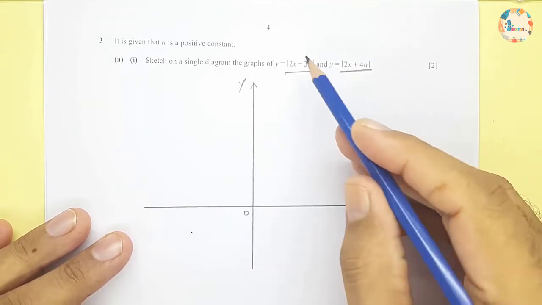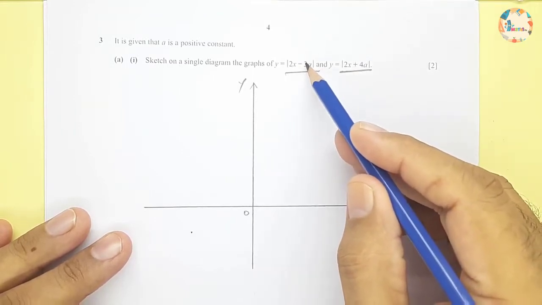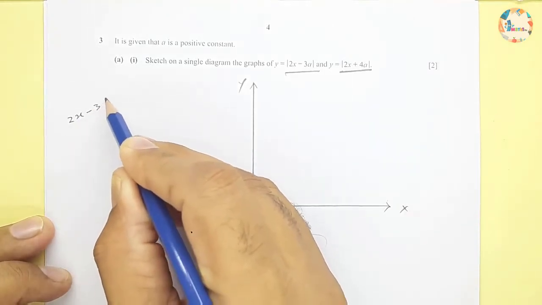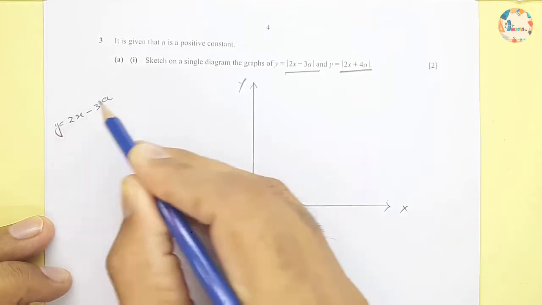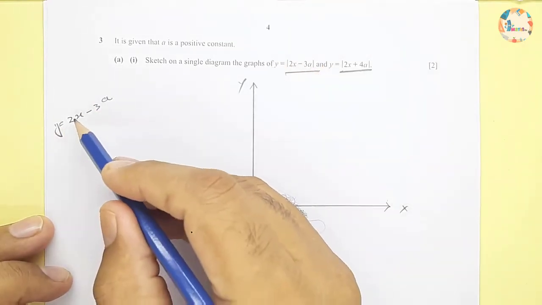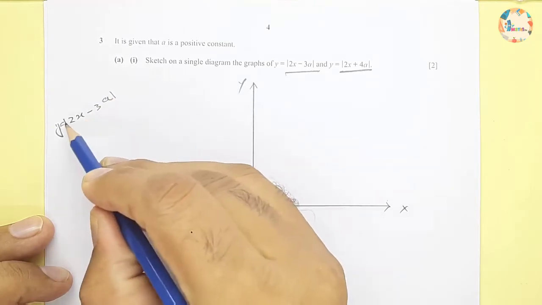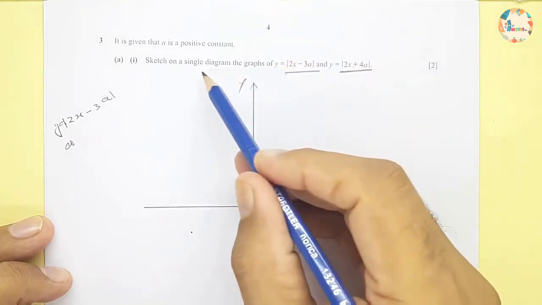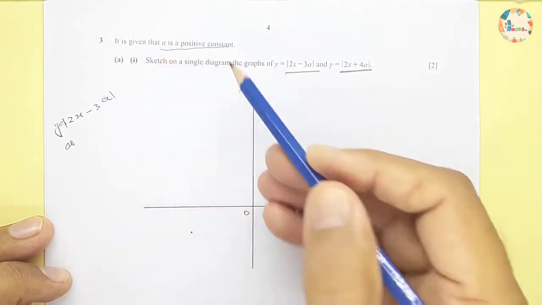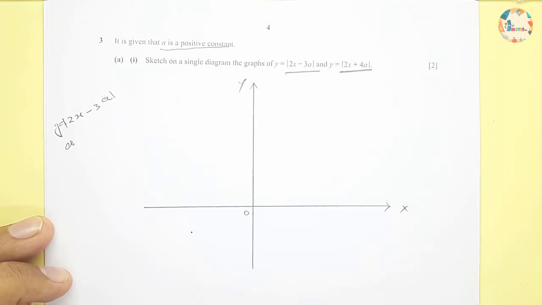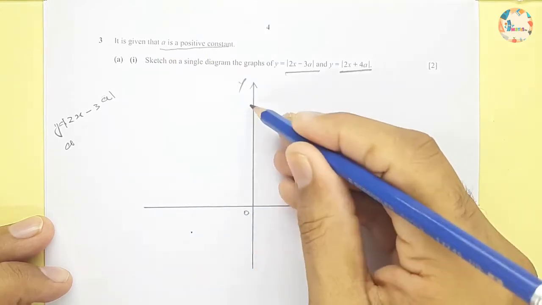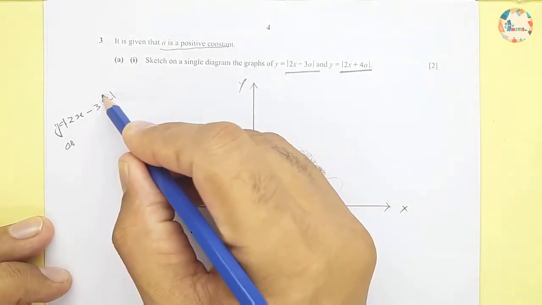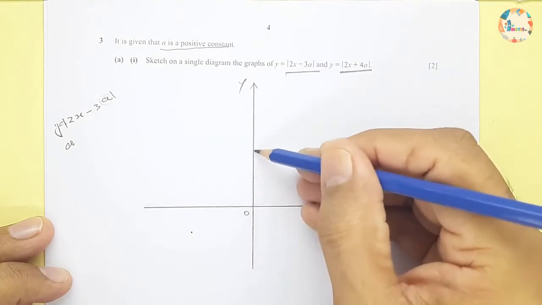For this, we take y equals 2x minus 3a. This is the equation I have taken. In this mod, a is any positive value, as they are saying. We can take any value, but to keep it in the range of x and y, because whatever value we take here will affect our y-intercept.